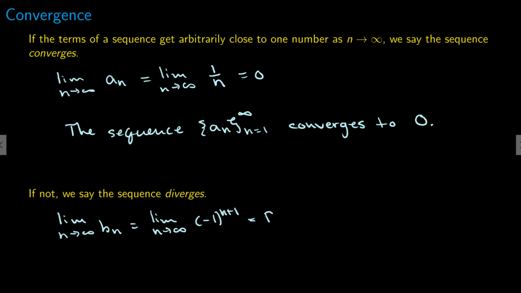So the limit here does not exist. We'll just write DNE for does not exist. And since the limit did not exist, we say the sequence, this time it's B sub n from n equals 1 to infinity, diverges.